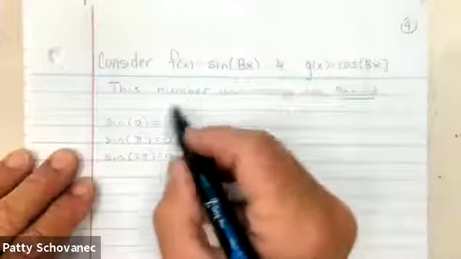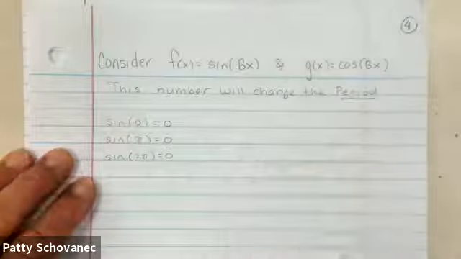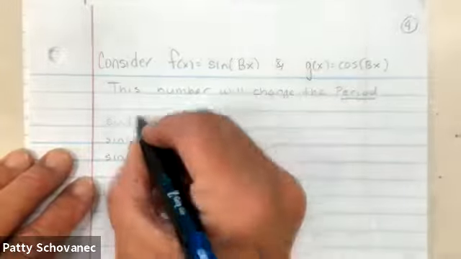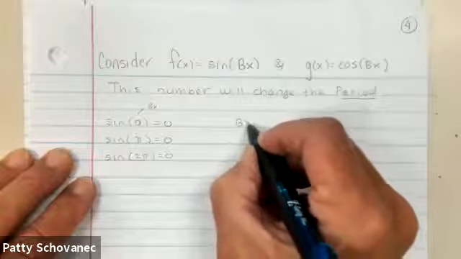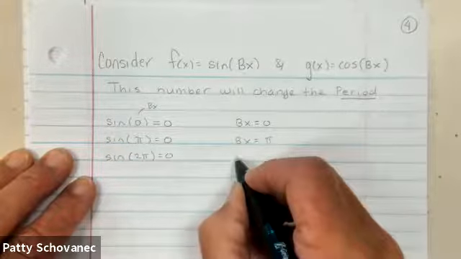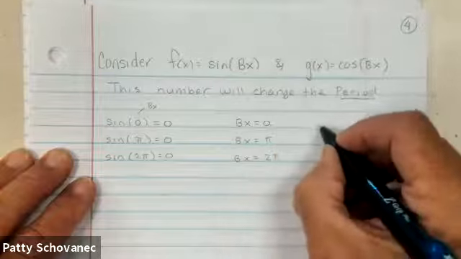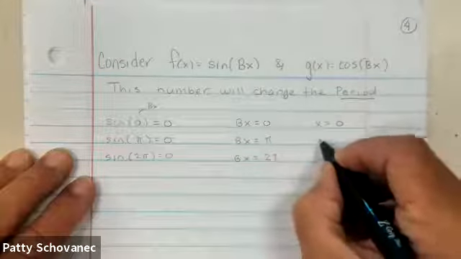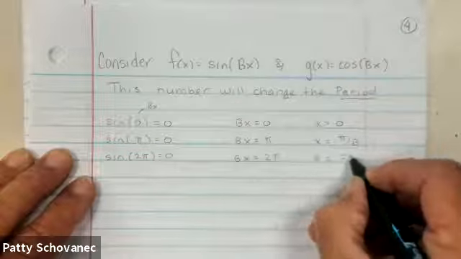So if I represent what's in the parentheses with the number b times x, then b times x is 0, b times x is pi, b times x is 2 pi. Divide by b says that x is going to be 0, x is pi over b, x is 2 pi over b.